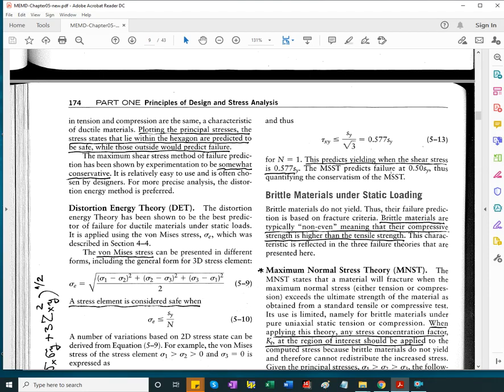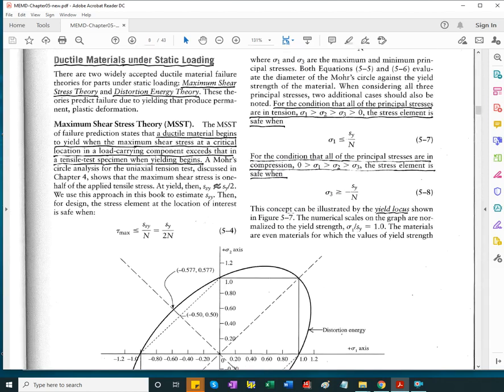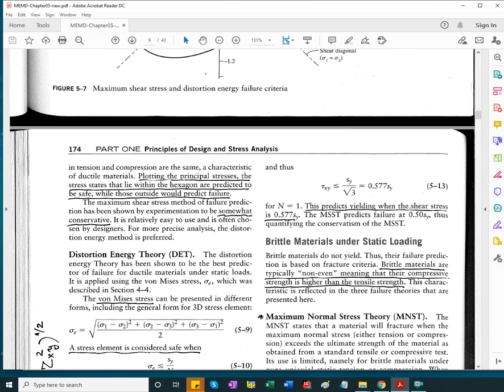Both are considered approximations of the yield strength in shear. When you know the yield strength, you take it as half, or, less conservatively, as 1 over the square root of 3 times the yield strength.